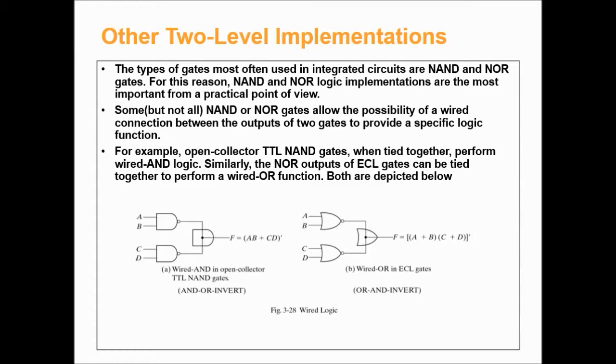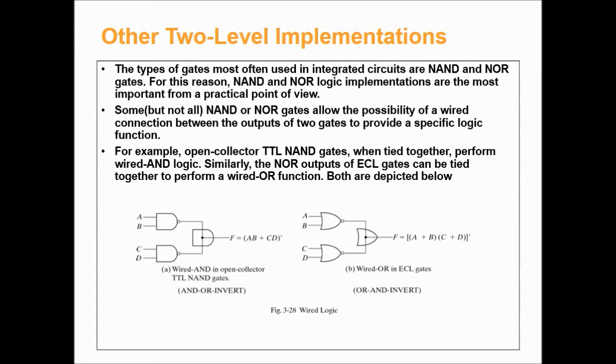Other two-level implementations. The types of gates most often found in integrated circuits are NAND and NOR gates. For this reason, NAND and NOR logic implementations are the most important from a practical point of view.